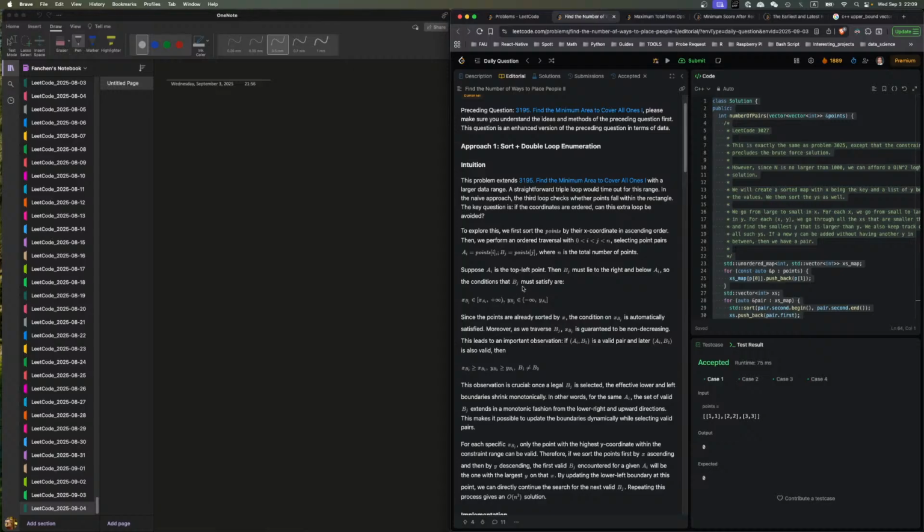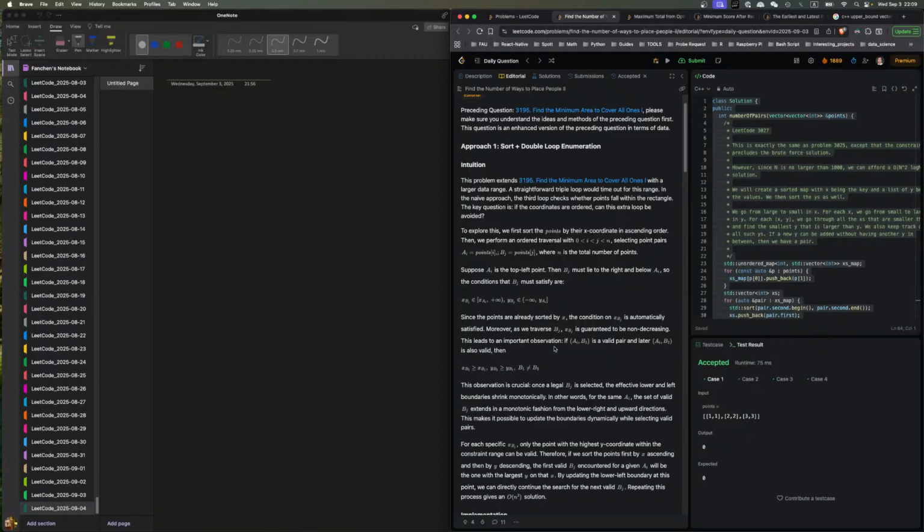Wait, hold on. A is top left. So B, that's true. Since the points are already sorted by X, the condition on XB is automatically satisfied. As we traverse, B is guaranteed to be non-decreasing.